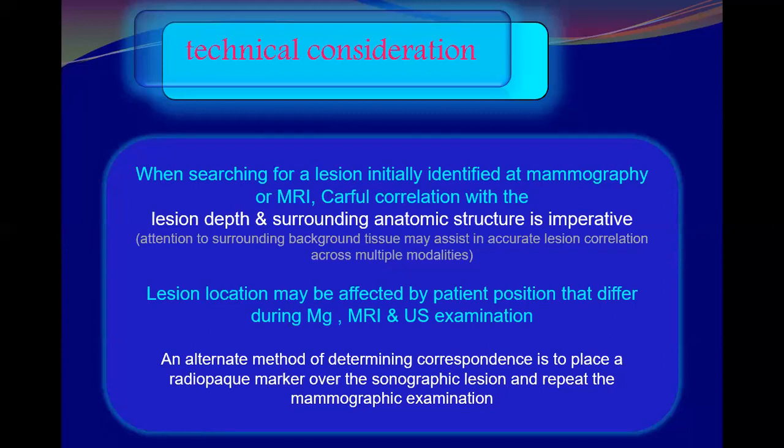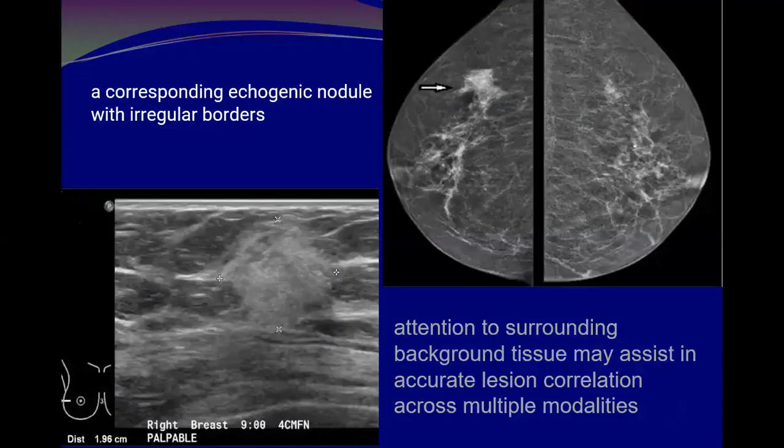And sometimes, as an alternative method, to make sure they biopsy the same lesion seen on mammography, they might add a substance or put markers after ultrasound biopsy, and then take a mammography image again to make sure the biopsied lesion is the same as the mammographically detected one.